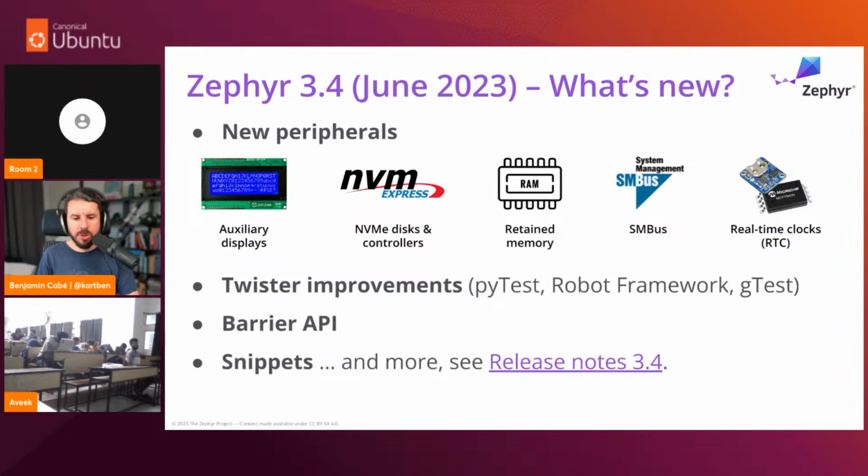Zephyr 3.4 was just released. Actually, we are closer to 3.5 now than we are to 3.4. But the point here is that there's a lot happening. I'm due to post my Zephyr weekly update in just a few hours. Every week, I try to post news about what's going on in Zephyr.